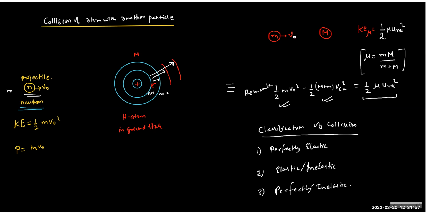What is the perfectly elastic definition? When you do not eat this energy at all, it means the energy in the CM frame is intact. Nothing has been utilized. So we say perfectly elastic collision. And if you use a partial value of this energy, then it is in between the elastic and inelastic case.